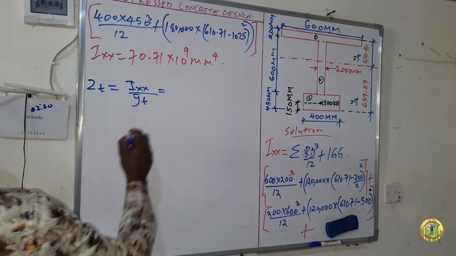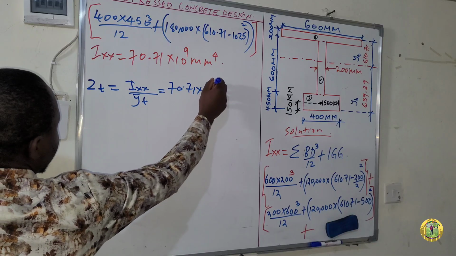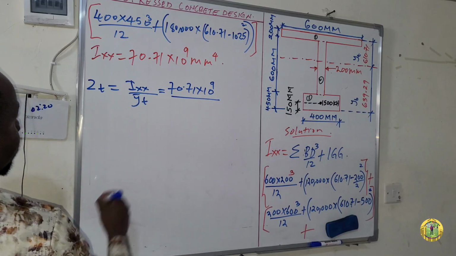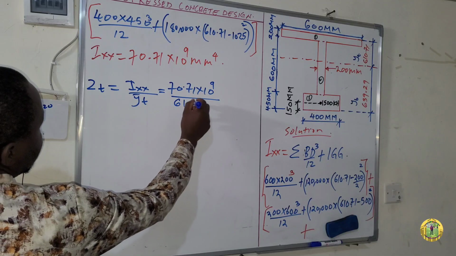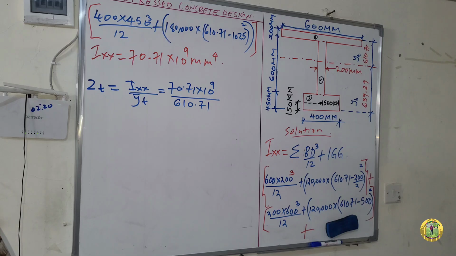So this one will be 70.71 times 10 to the power of 9. y top is 610.71.